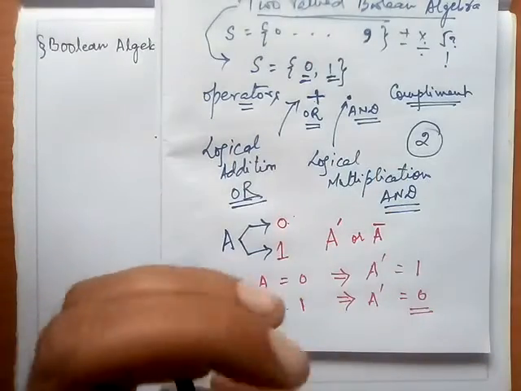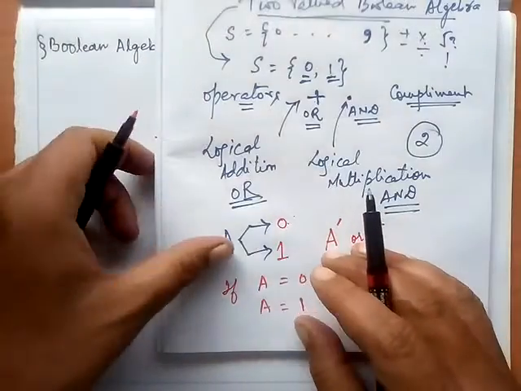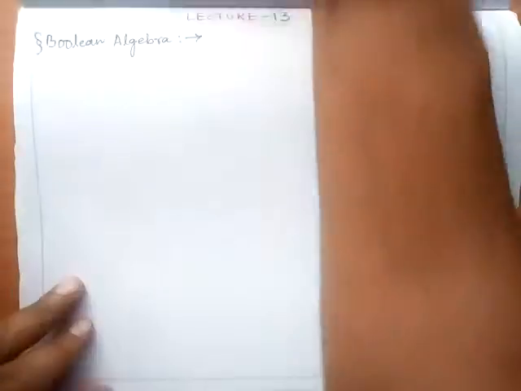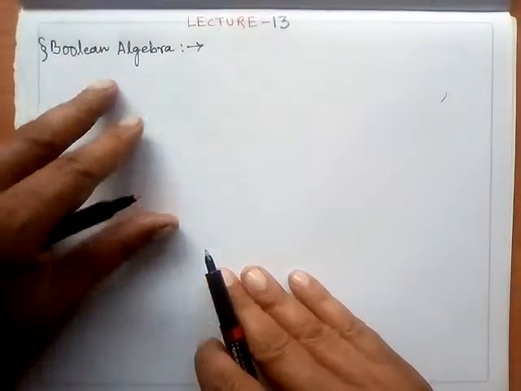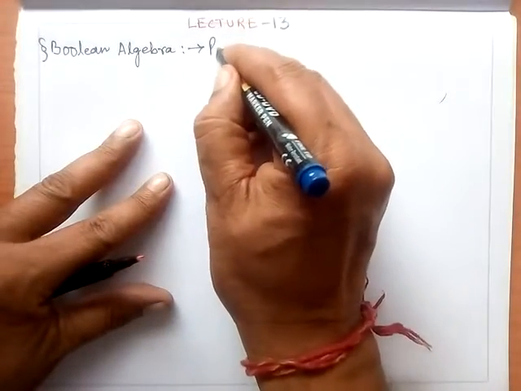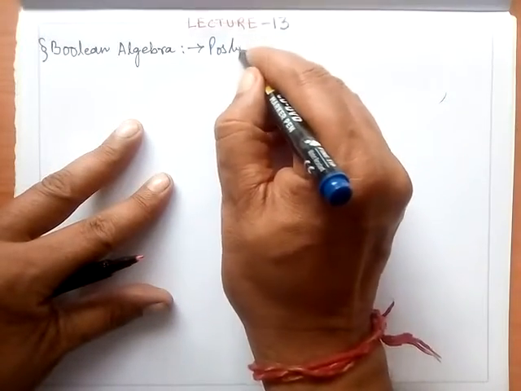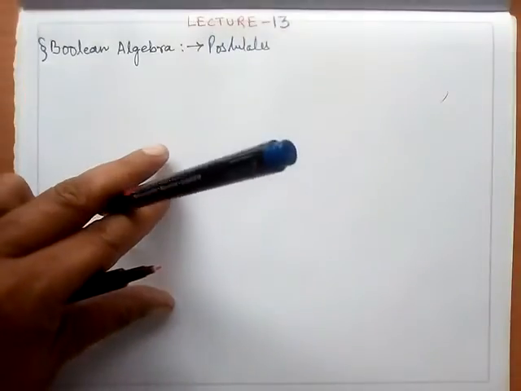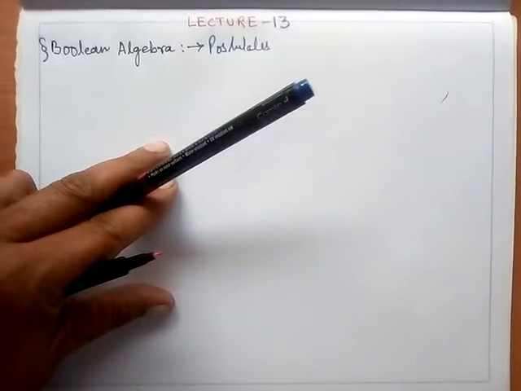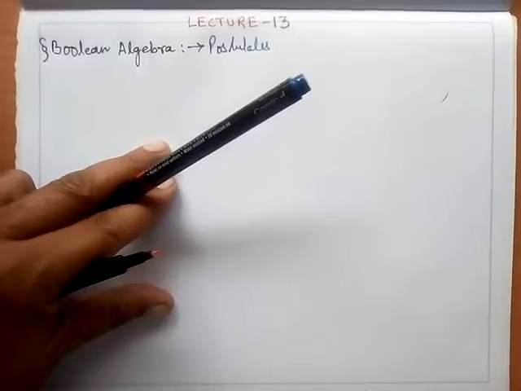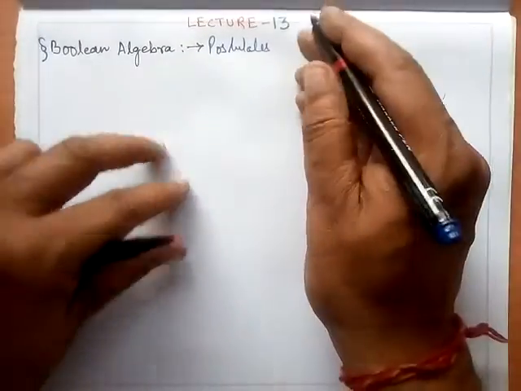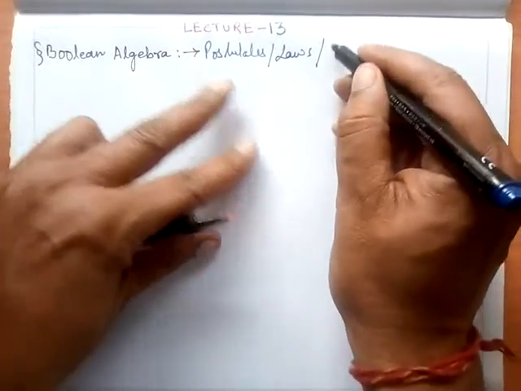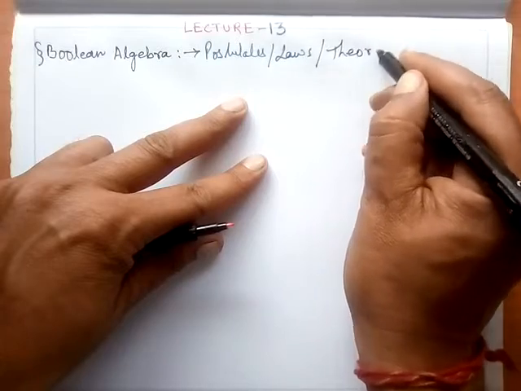Now, like any other algebra, there are certain postulates, or theorems, or rules, that we name Boolean rules, Boolean laws or Boolean postulates. So I'll discuss some postulates, or laws, or theorems of this algebra all together.